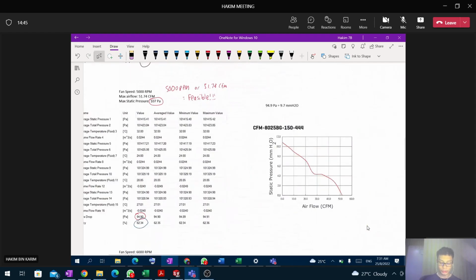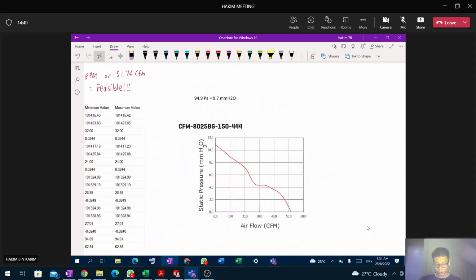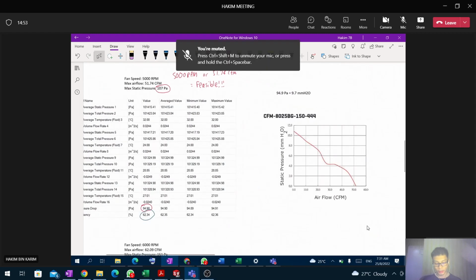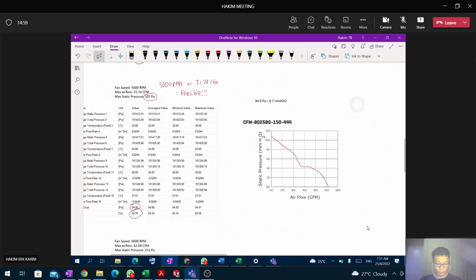Okay, how about if we use this graph? You remember the static pressure to airflow graph, right? Like I said earlier in the previous video, static pressure is equal to pressure drop.